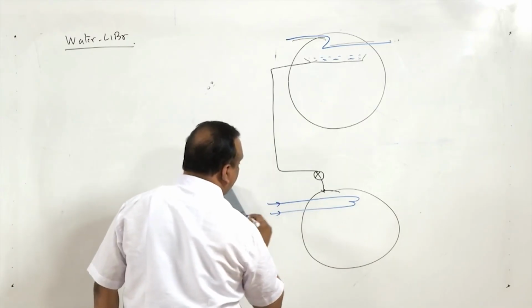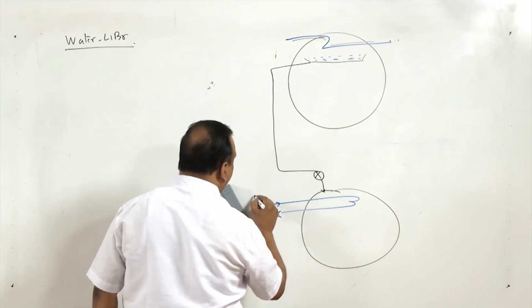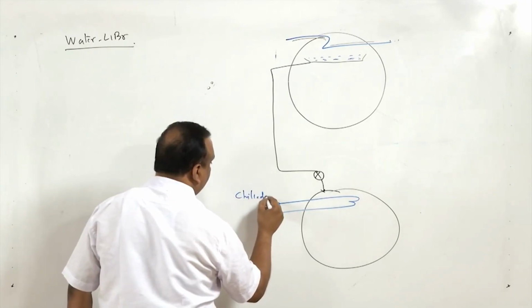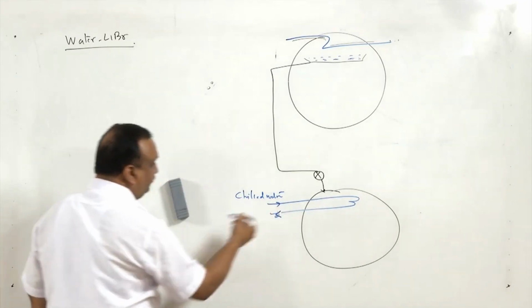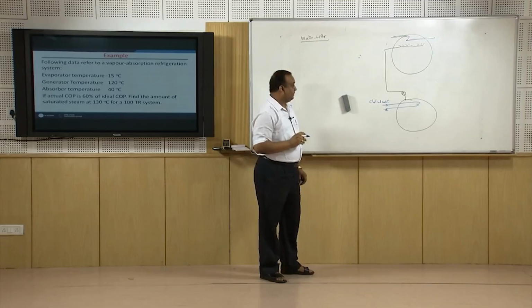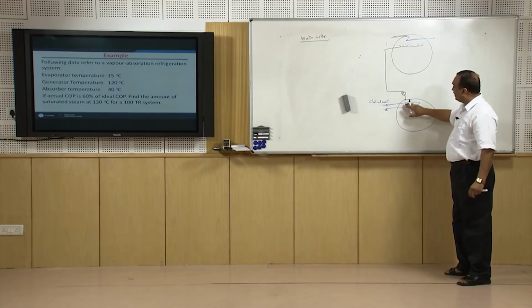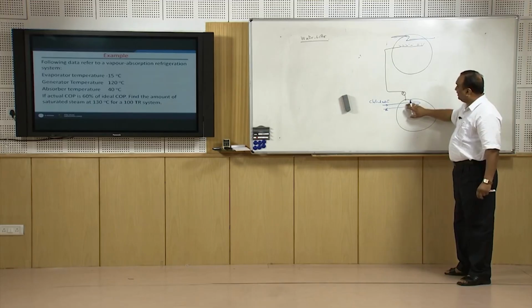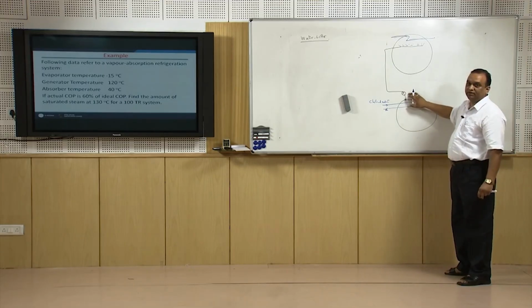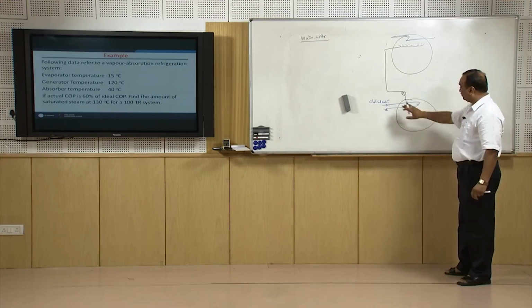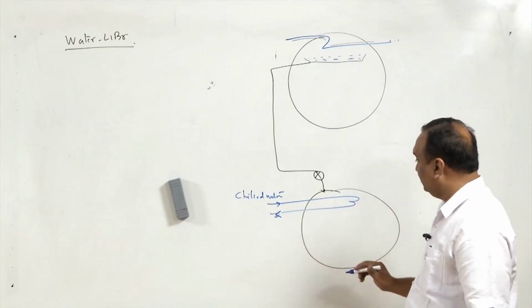So, chilled water is circulated in this pipeline. The low temperature water vapor, when it comes into contact with this pipe, takes heat away from the water, and that is how the temperature of the water circulated in this pipe is reduced.